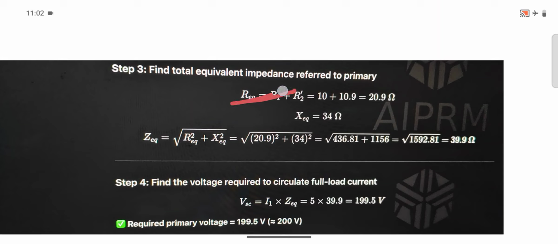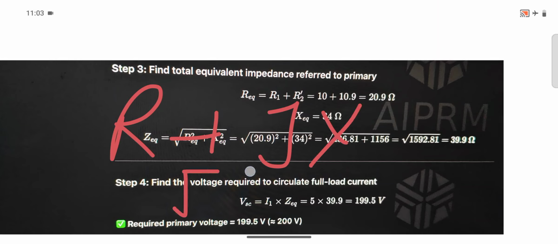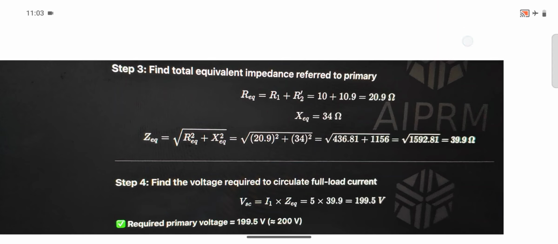This is the resistance side and this is the reactance side. Then equivalent impedance we will get by R plus jX. So formula for this is under root R square plus X square. So same thing we are applying here, and then we will get total equivalent impedance.